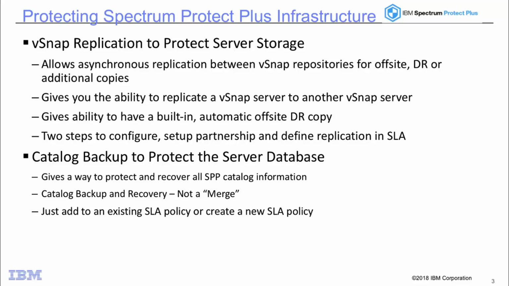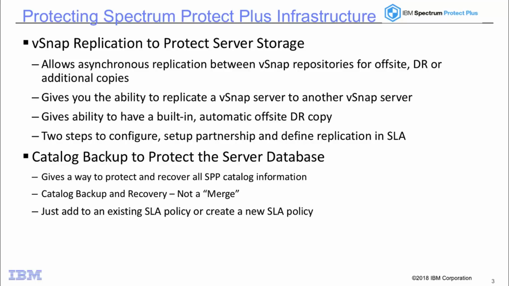So in version 10.1.1, Spectrum Protect Plus allows asynchronous replication between vSnap repositories of the backups of your Hyper-V or VMware infrastructure. So you can do this to have a built-in automatic off-site disaster recovery copy.